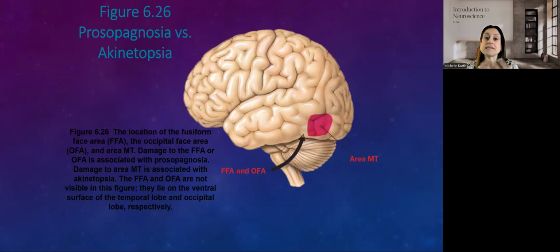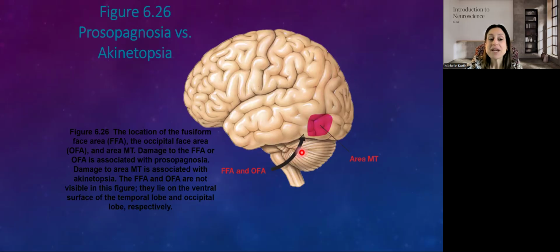And this image shows both of these conditions, and it shows just the lateral view of the brain. You can see here on the left, we have what's called the fusiform face area, FFA, and the occipital face area, and that's associated with prosopagnosia.